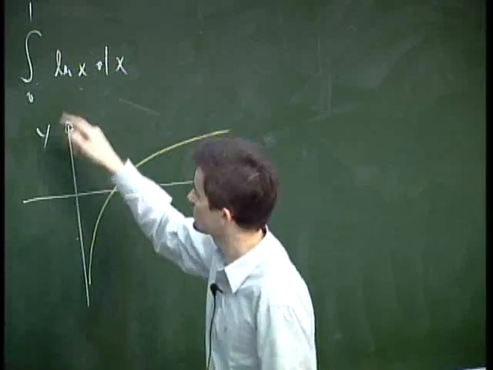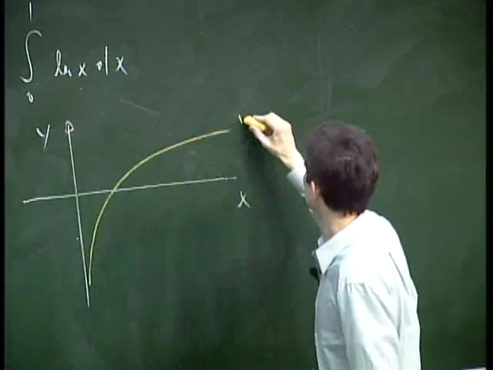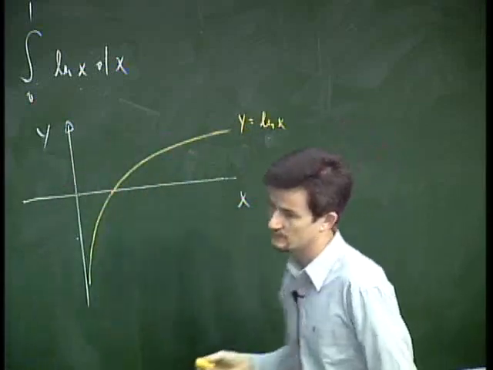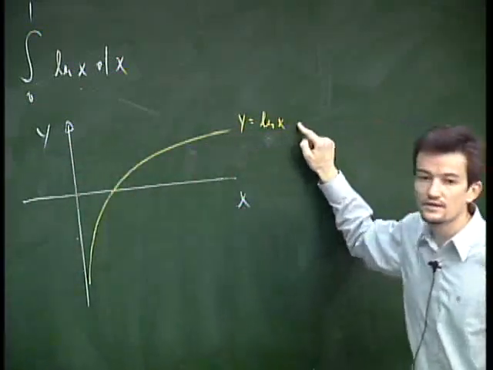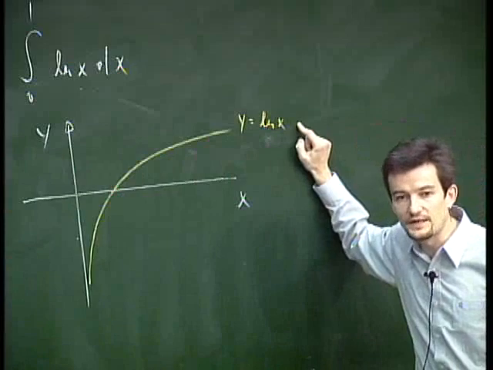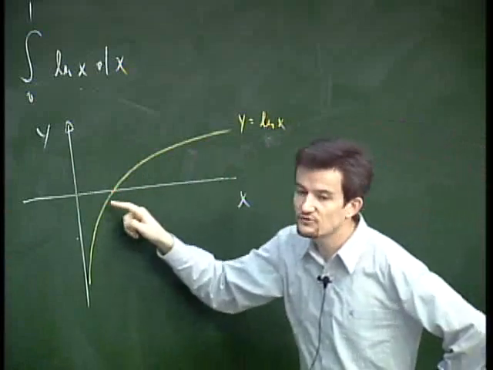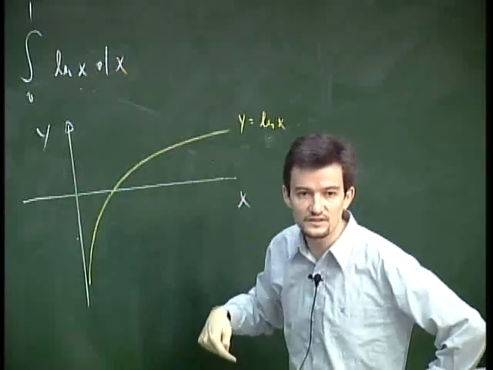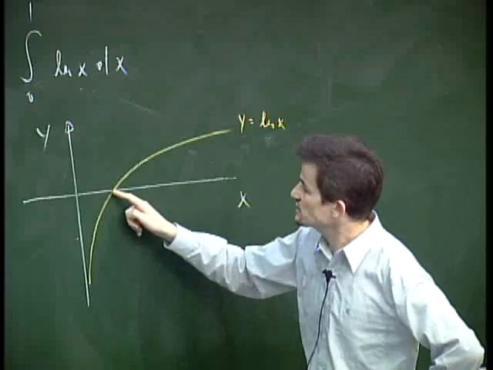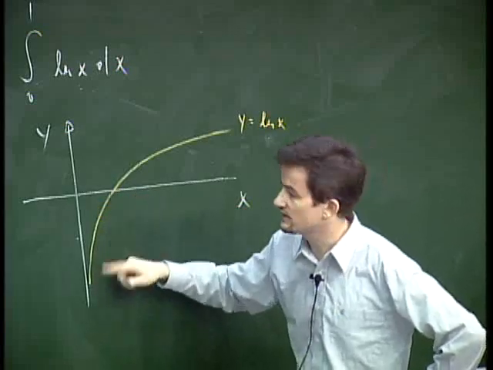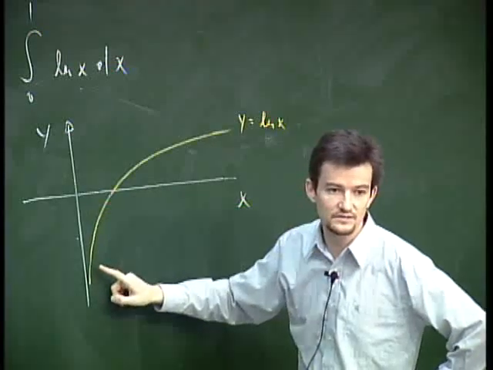If you plot this function y equals ln of x, then as x tends to infinity, this function goes to infinity very, very slowly. But as x tends to 0, this function goes to minus infinity very, very quickly. Since the function is going to minus infinity very quickly, this area should exist.